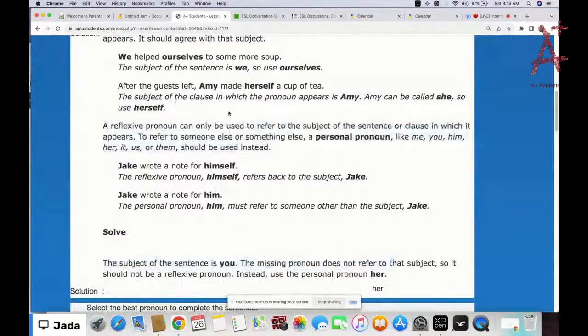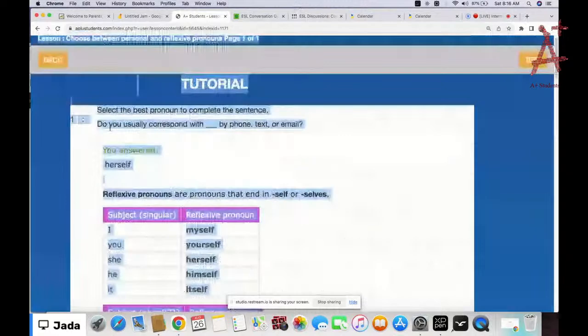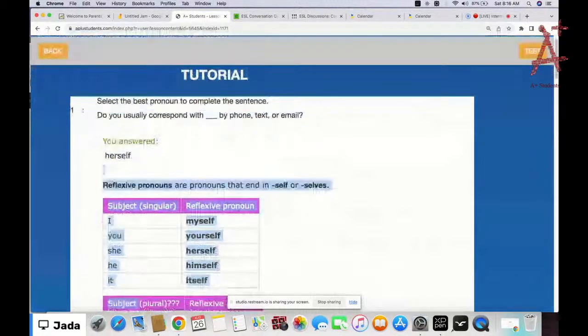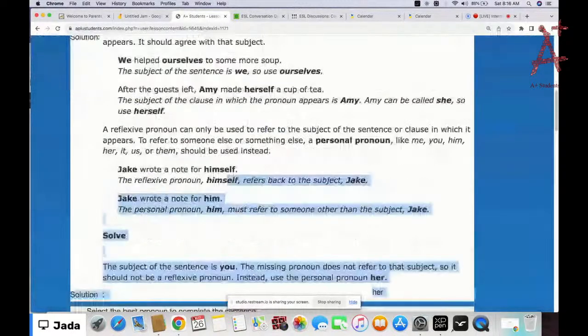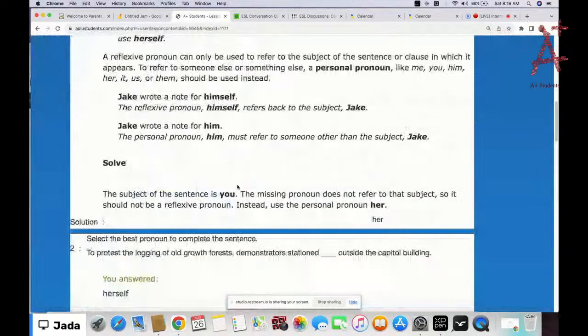Now, it's not talking about me, myself, right? It's talking about a different person, right? So the subject of the sentence is "you." The missing pronoun is not referring to that subject.